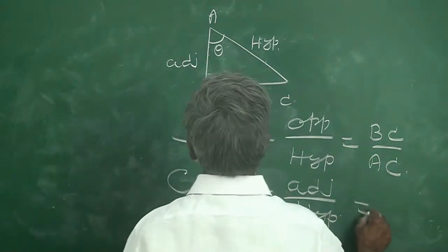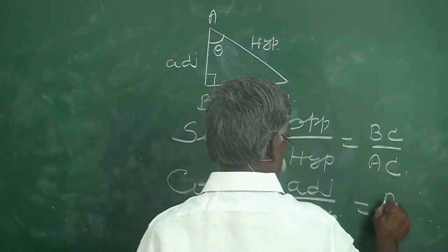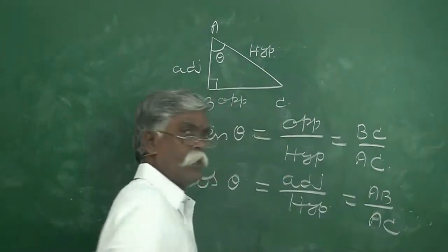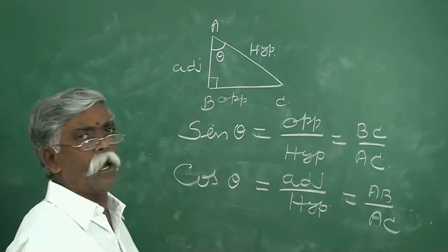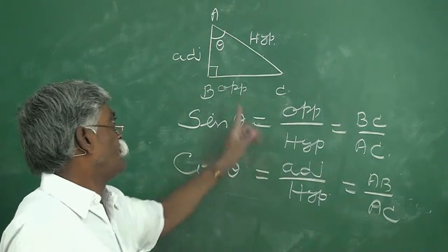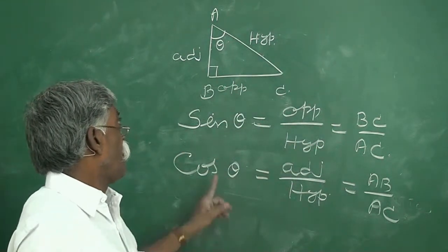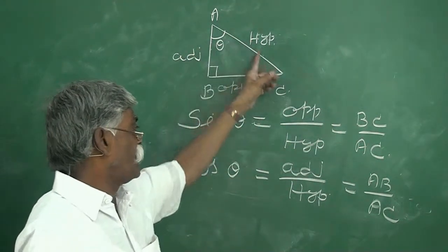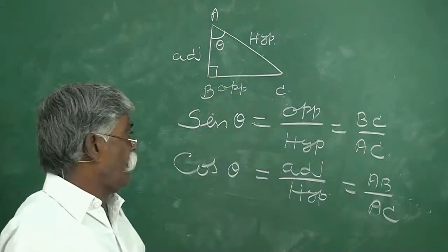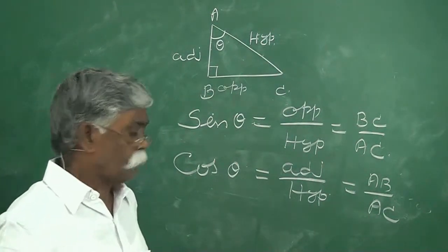So here in our diagram, the adjacent side is AB and the hypotenuse is AC. Therefore sin theta is the ratio between opposite and hypotenuse, so BC by AC. Cos theta, ratio between the adjacent and hypotenuse, therefore it is AB by AC.